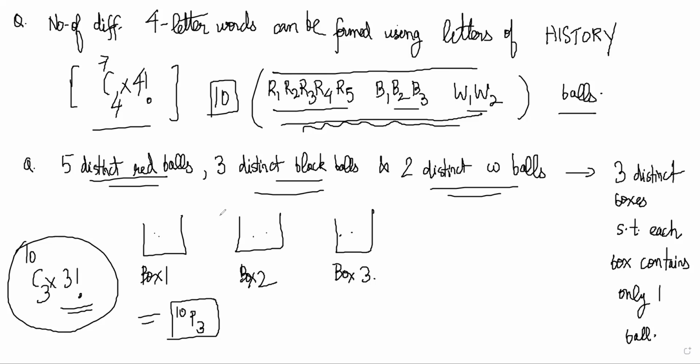You have to see either red here or red here, and then do it in multiple cases. However, in this case it is fairly simple because everything is distinct. There are 10 balls: select the 10C3 balls and then arrange them in 3 factorial ways, right?